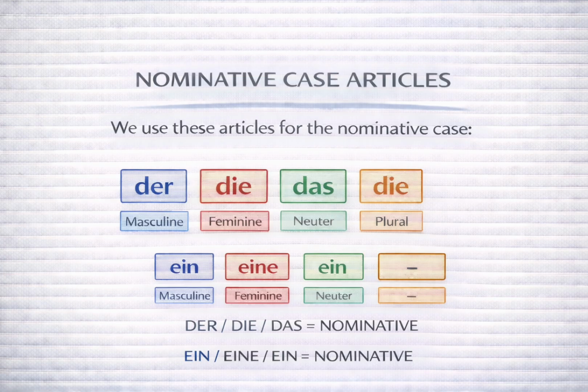For example, for definite articles, we use der, die, das for masculine, feminine and neuter nouns, and we use die for plural nouns. For indefinite articles, in the nominative case, we use ein for masculine and neuter nouns and eine for feminine nouns. There is no indefinite article in plural. So remember, articles stay in their basic form in the nominative case.